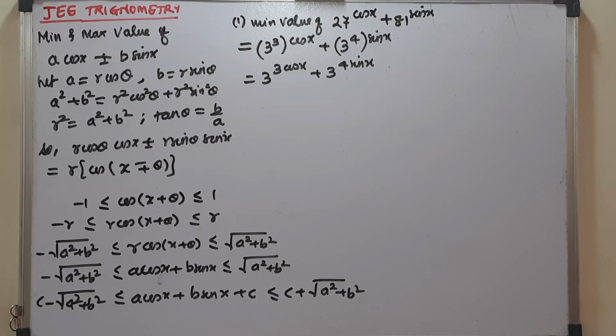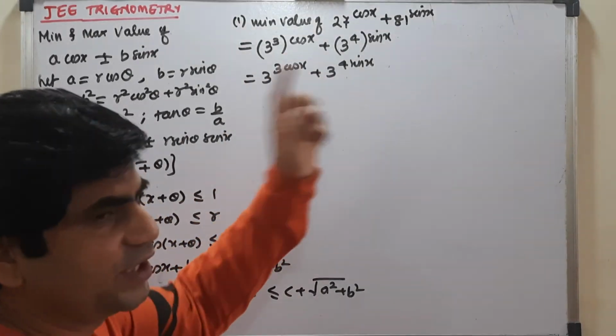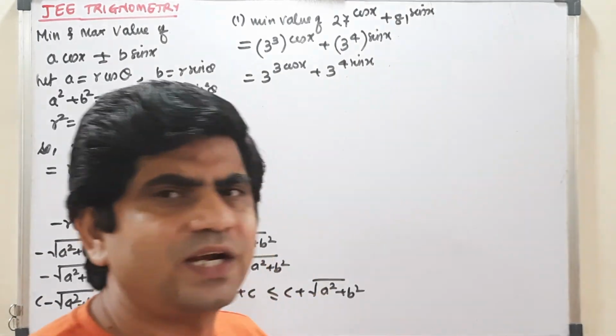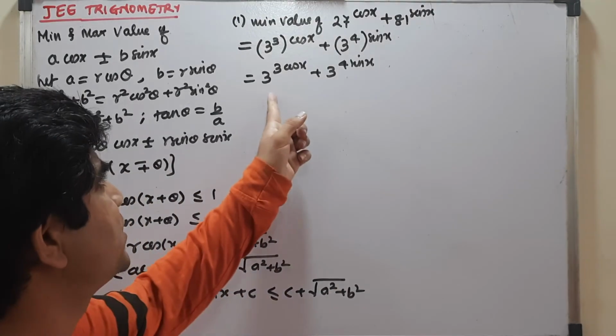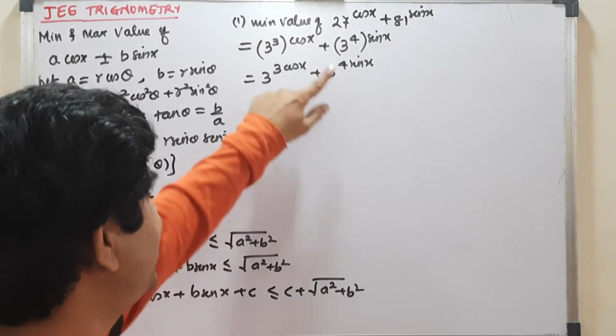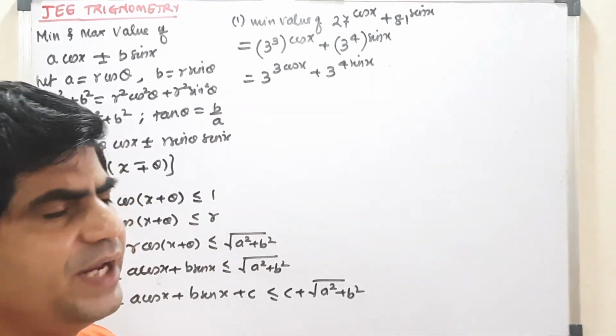Was it multiplication between 3 raised to something and 3 raised to something? Then obviously it could have been solved very easily. So I have to think about where I could get multiplication. I want multiplication between 3 raised to 3 cos x and 3 raised to 4 sin x. If I take this as a and this as b, I require a into b, correct?